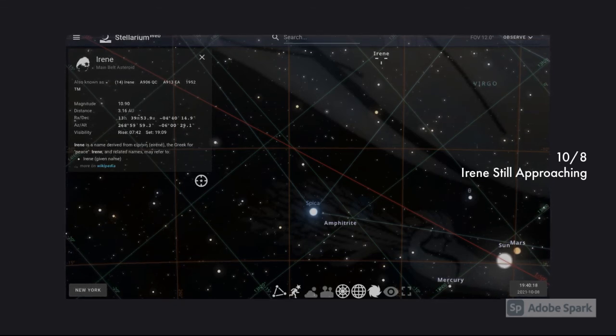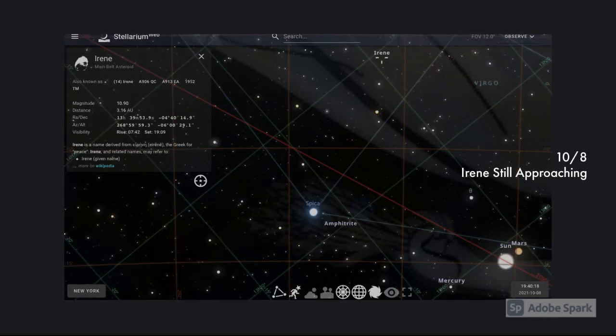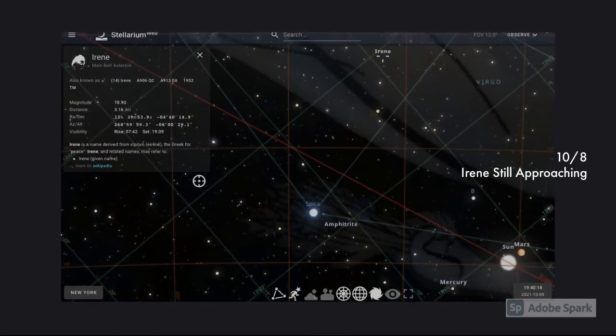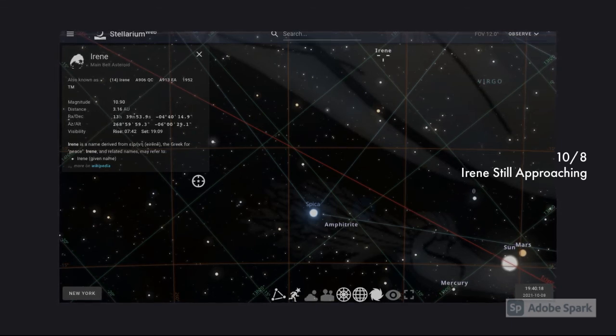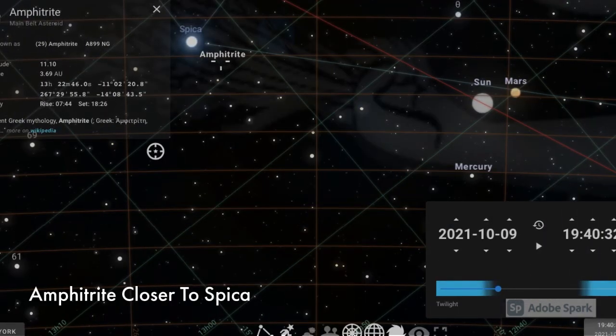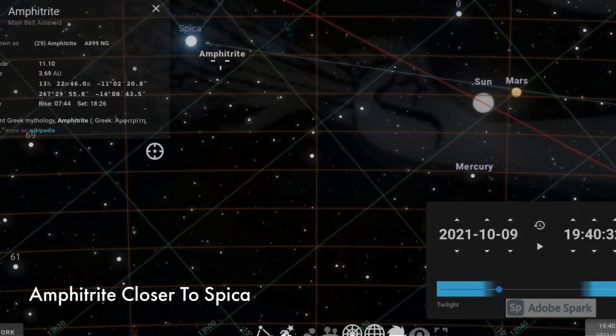So the effect of the asteroid belts Irene and Aphrodite are, I think, intense. I haven't seen Draco, the asteroid, the meteor shower, so I try to locate it.